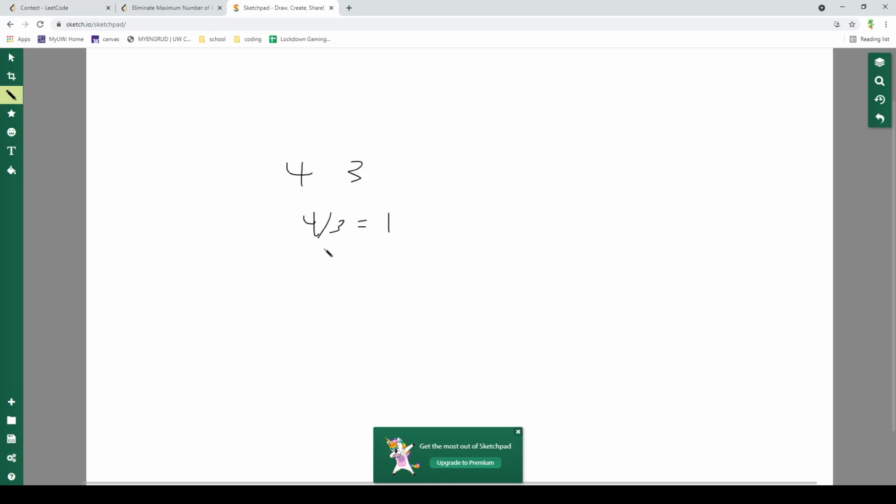However, after 1 minute, this monster that moves at 3 meters per minute will still be 1 meter away. So it will take 2 minutes before the monster can reach our city. So basically that means we can kill it either at minute 0 or minute 1. We just have to kill it before minute 2, because at minute 1 it'll be 1 meter away, and at minute 0 it'll be 4 meters away. Neither of them are 0 meters away, so they haven't reached our city yet.